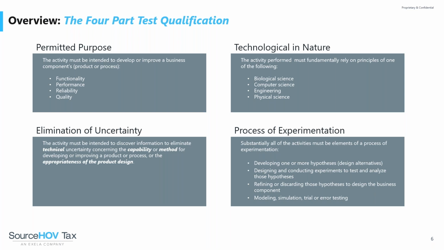So once we identify that there is a real technical uncertainty within that project, we could start looking at the last test, which is process of experimentation. Usually when we talk about these technical uncertainties, they're going to be the items that you all are talking about with your internal teams when you start a development project.